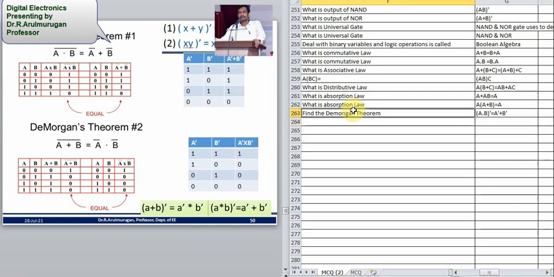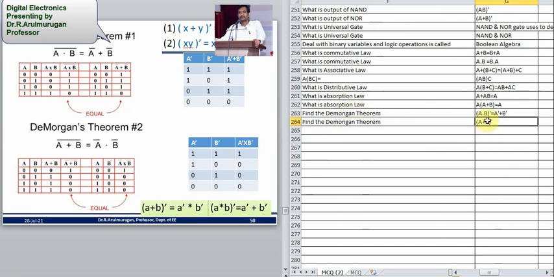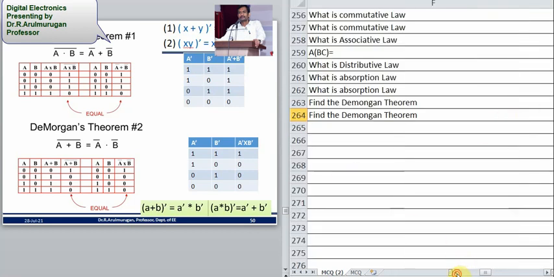Then one more theorem: (A plus B) whole bar. Here the dot is replaced by plus, and plus is replaced by dot, that's all. So here there is a plus, replace it with the dot, then A bar dot B bar. So what is the difference? Look at it.